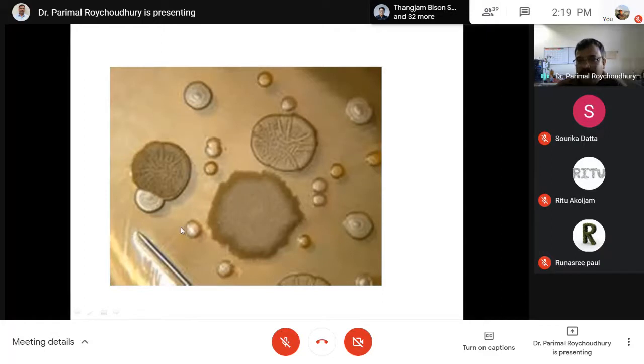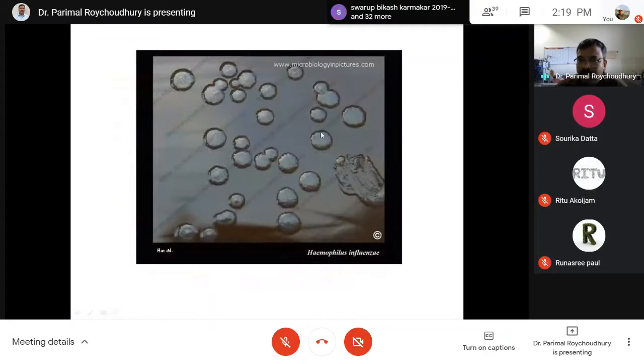So, likewise, on the basis of the colony characteristics of the target organism you are focusing on, we study how they look in different media. The colony characteristics may vary depending upon the type of media, so we should look for all these characteristics.